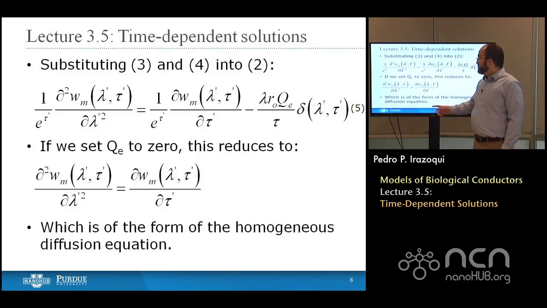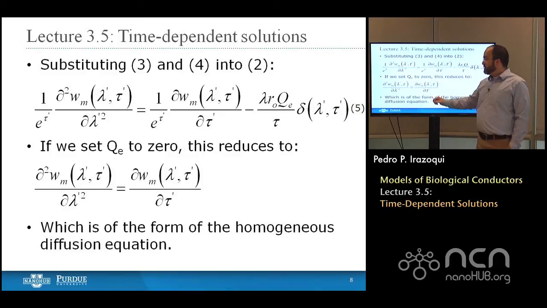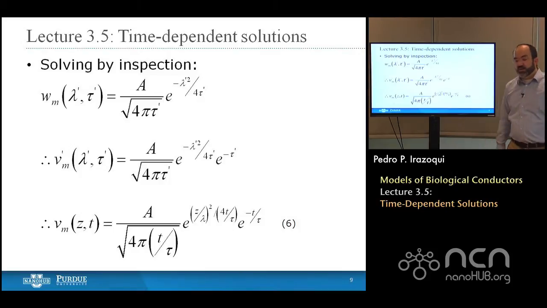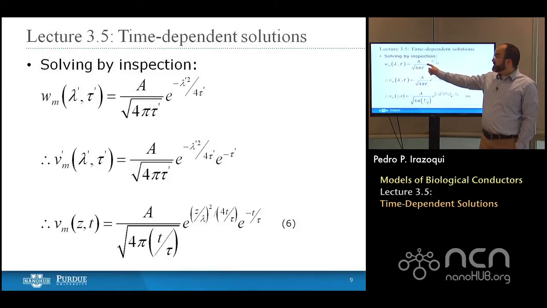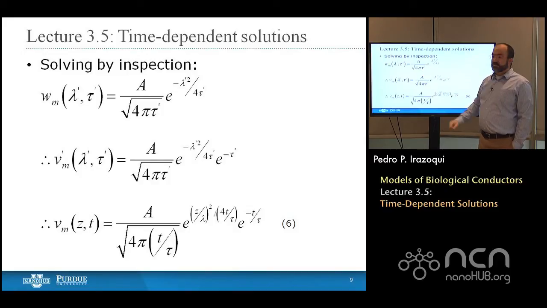And so we're going to be able to solve the second derivative of W sub m with respect to lambda prime squared is equal to the first derivative of W sub m with respect to tau prime by inspection. And by inspection, we know that W sub m must equal some constant A divided by the square root of 4 times pi times tau prime, times e to the minus lambda prime squared divided by 4 tau prime.